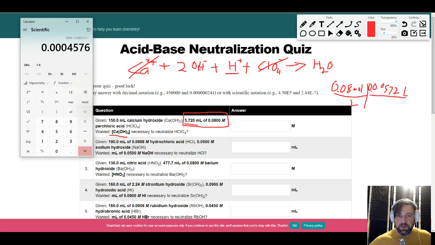So what we can do is just divide this by 2. Boop. So there we go. Now this is how many moles of calcium hydroxide we are going to be using to neutralize the perchloric acid.